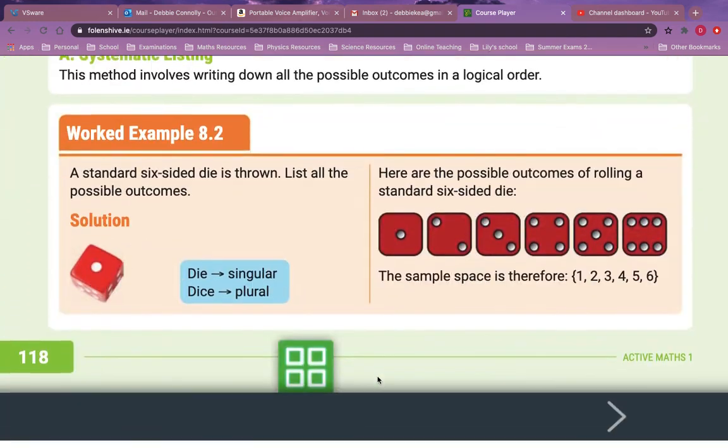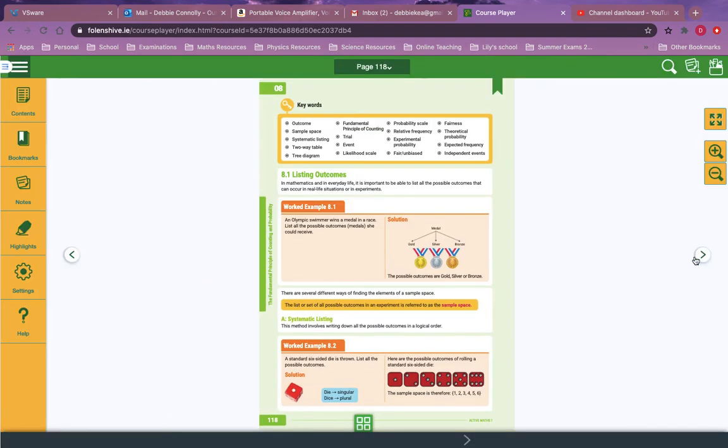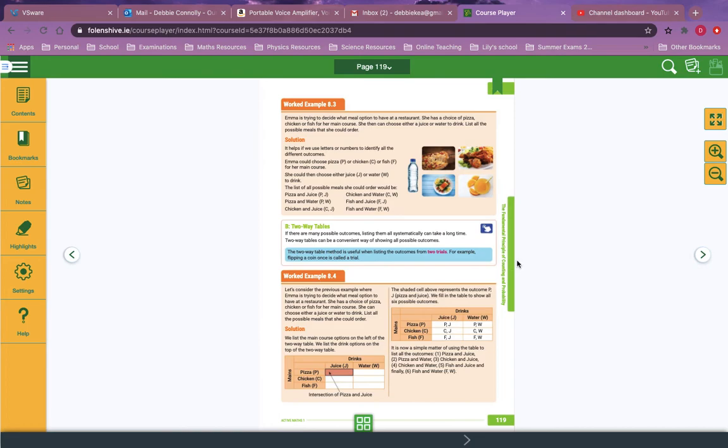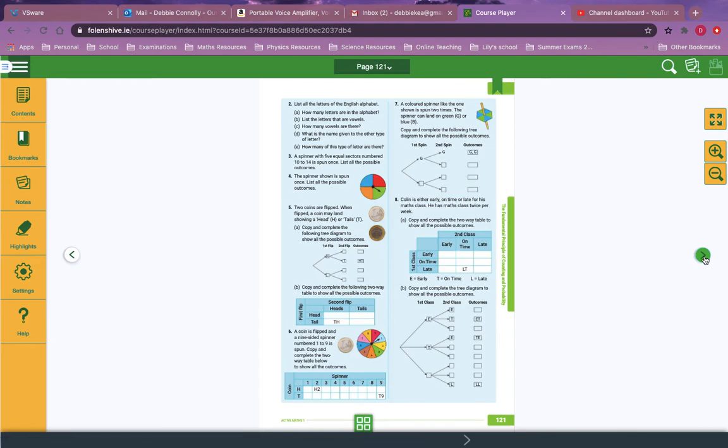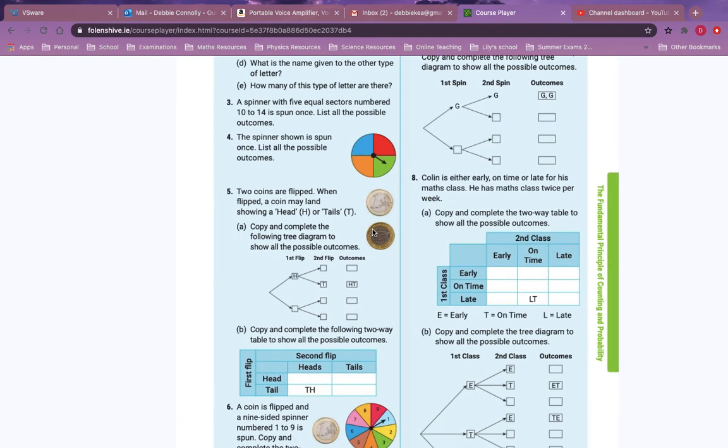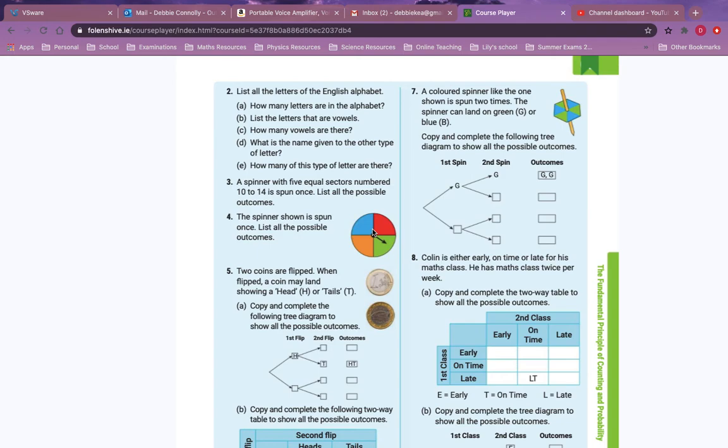Okay, so what I'm going to get you to do, first of all in class, hopefully you've time, and then for homework as well, is to do a couple of questions, just practicing listing, systematic listing and two-way tables.